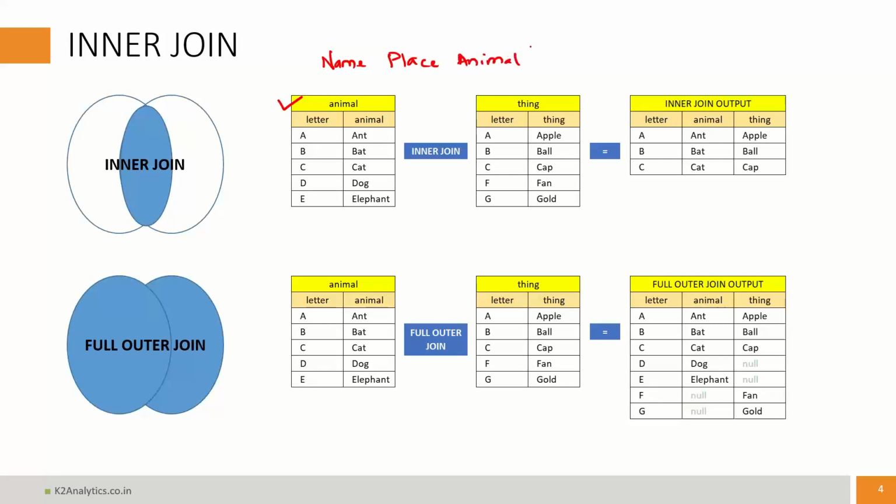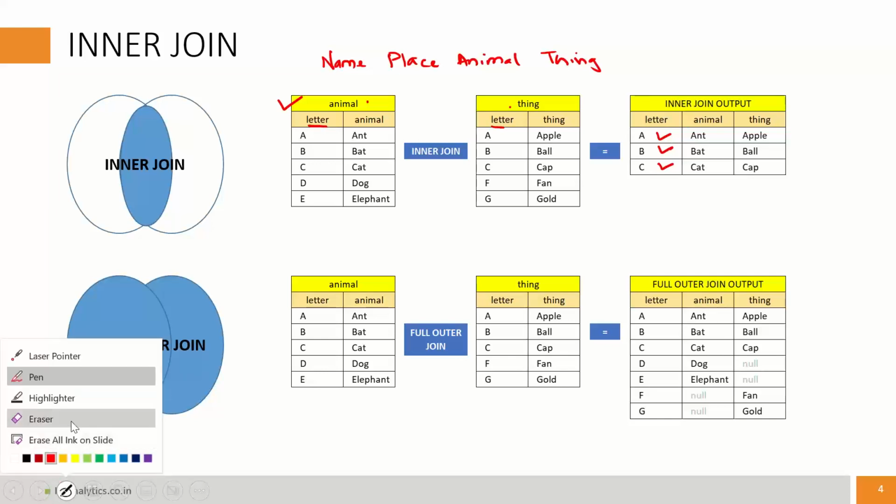So I've just taken two parts of that game, animal and thing. So now you're joining the animal table with the thing table on a common identifier which is letter. Now when you join these two tables, you get the output where you see the common identifiers A, B, C are present in the output table. This is called an inner join.